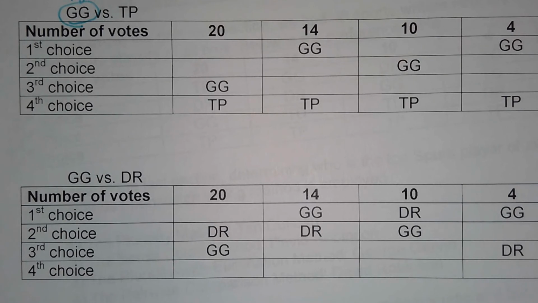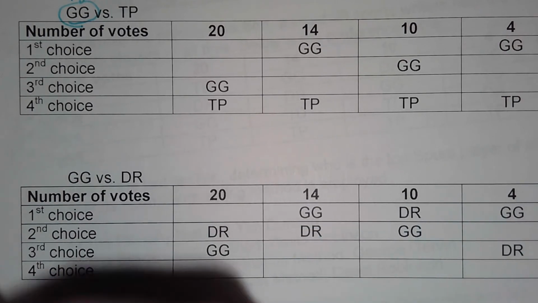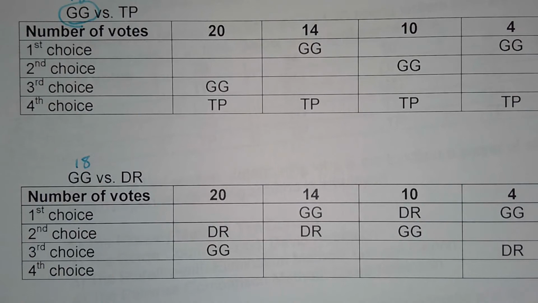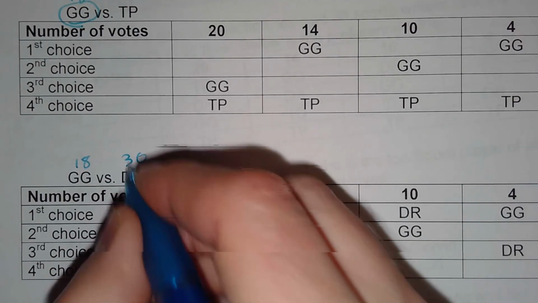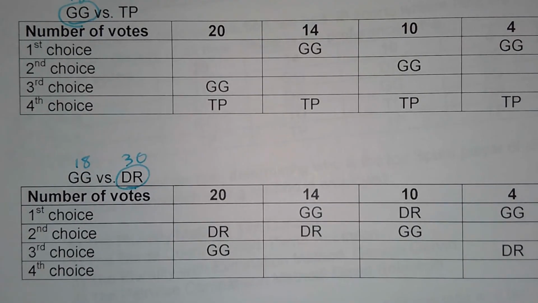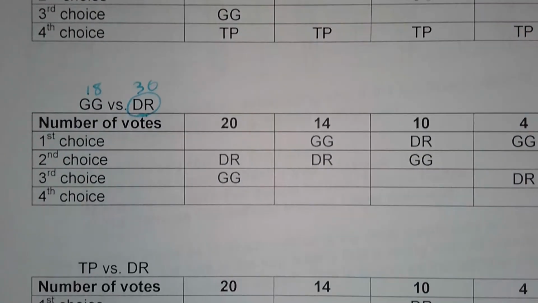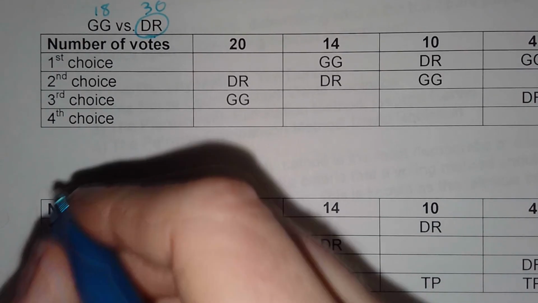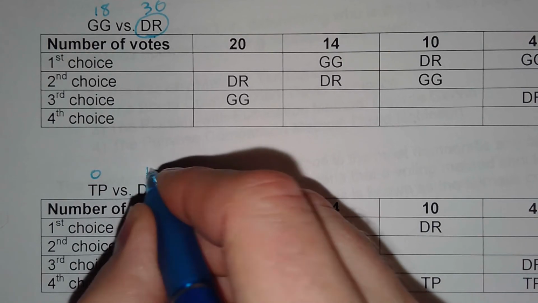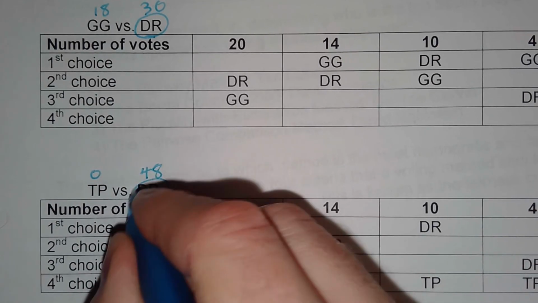And then George Gervin versus David Robinson. So it looks like George Gervin's got 18. David Robinson has 30. So David Robinson will be the winner. And finally, I'm going to do Tony Parker versus David Robinson. Tony Parker has 0. David Robinson's going to have 48, so David Robinson will be the winner.